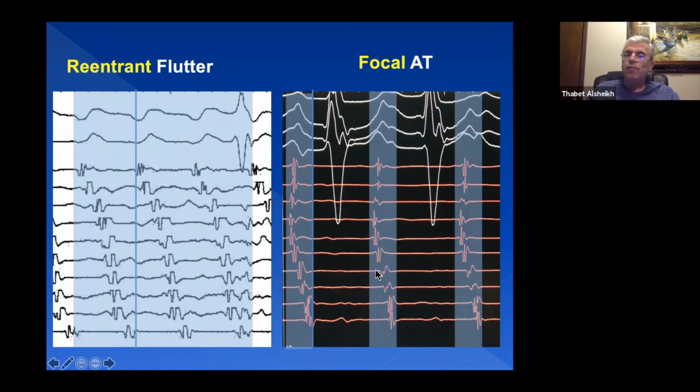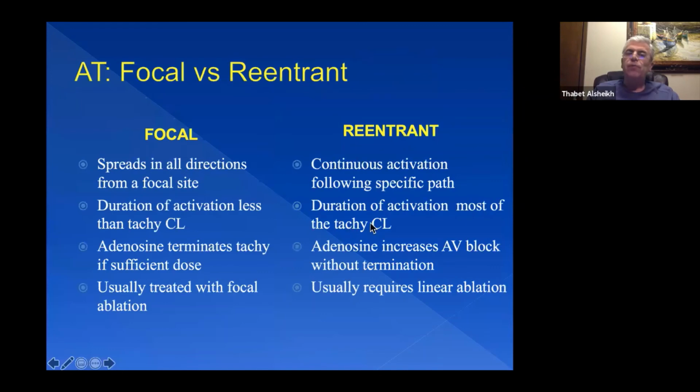So this is typical of focal, this is typical of reentrant flutter. To summarize, focal versus reentrant atrial tachycardia. In focal atrial tachycardia, you have one spot that makes the electrical signal, and from that spot it spreads in all directions from that focal site.